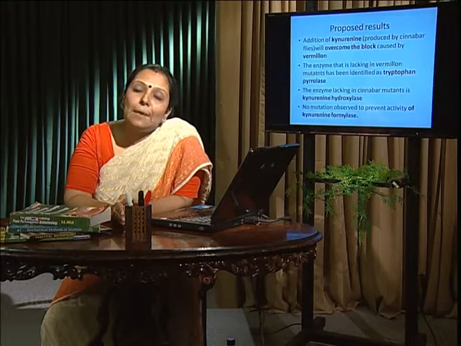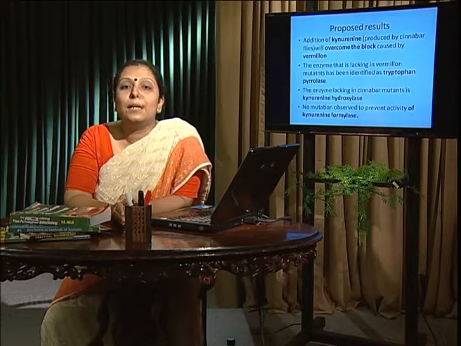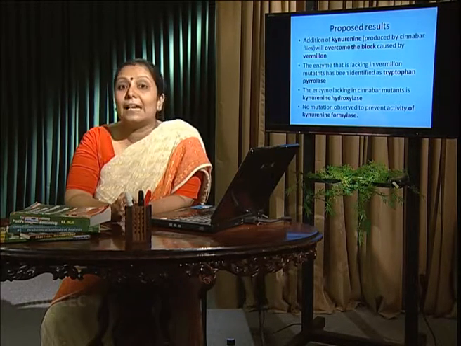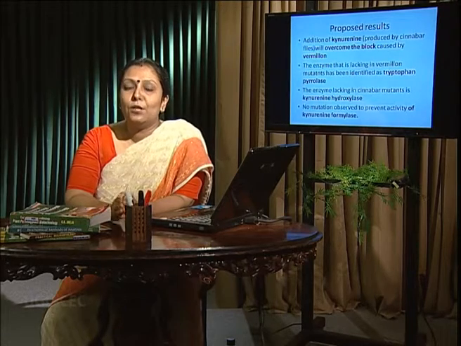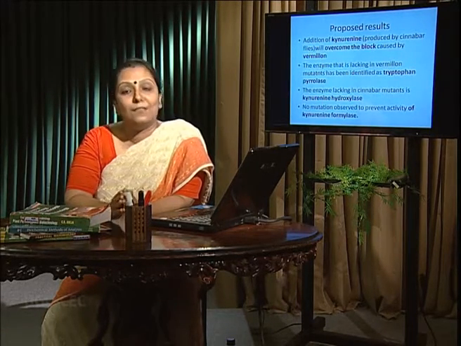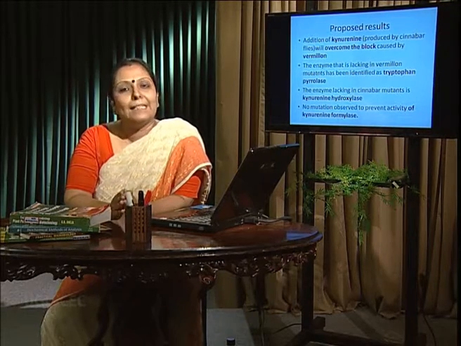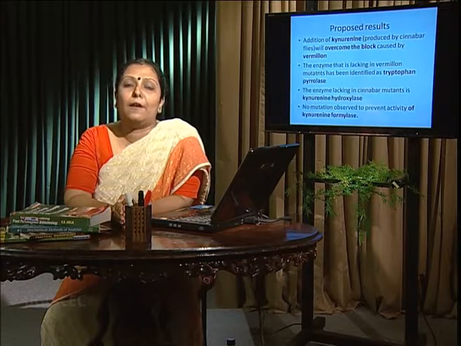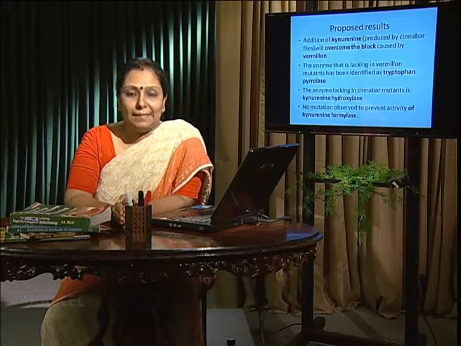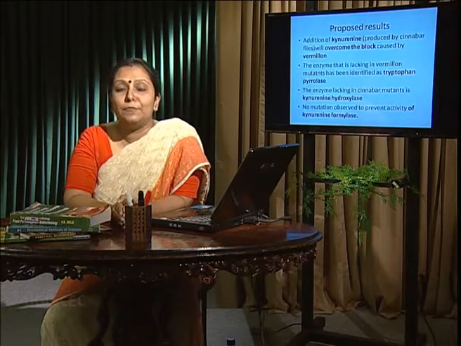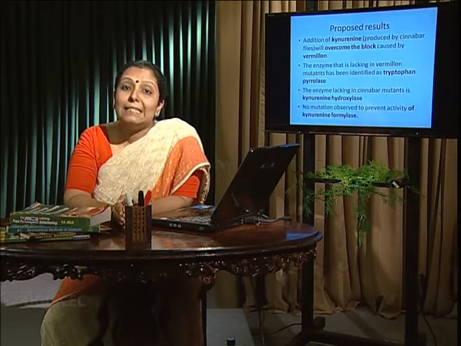Now, cinnabar is due to a block in the hydroxylase enzyme, kynurenine hydroxylase. So from kynurenine, 3-hydroxykynurenine is not properly produced. No mutant colors are found related to the formylase, but they can be found in cardinal mutation, related to the synthetase gene.